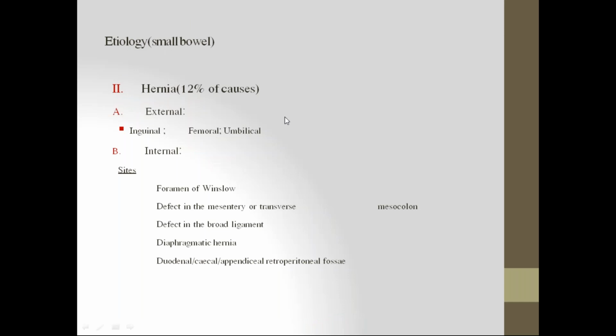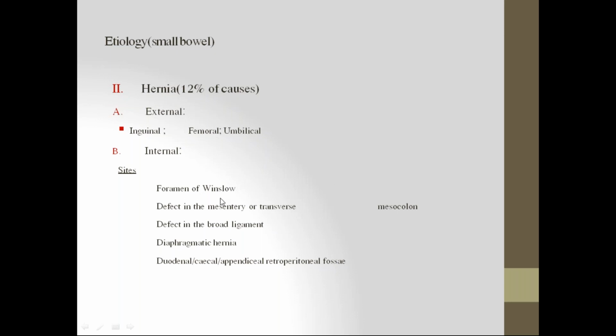Next common cause is hernia, with external visible causes like inguinal hernia, femoral hernia, and umbilical hernia. So internal hernias are within the defects of the mesentery or in the ligaments surrounding the viscera.